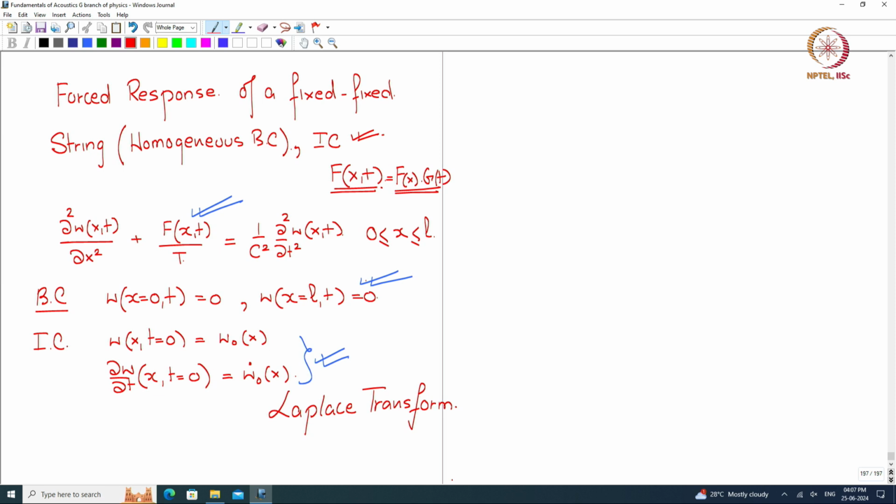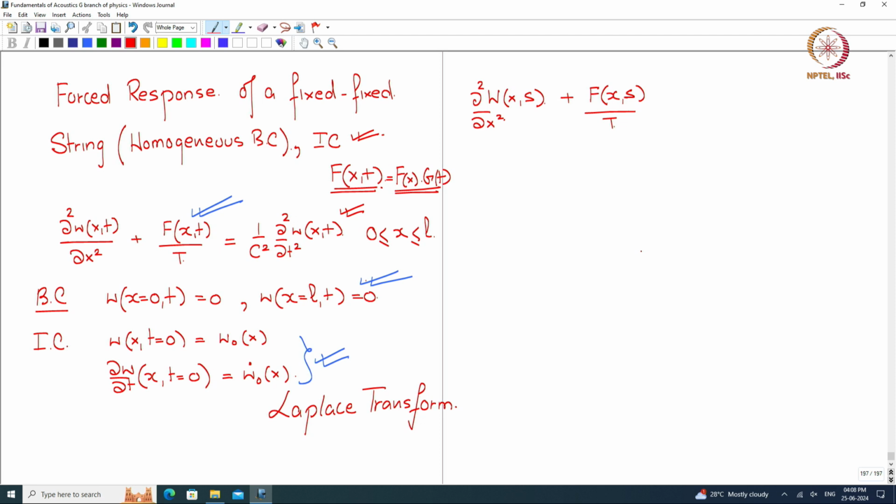So, we take the Laplace transform of this equation. Okay. If we take the Laplace transform, what do we get? We get del 2 W, I will use capital now, by del x square of x comma s. Okay. That is the effect of the Laplace transform, plus the t variable has become s.